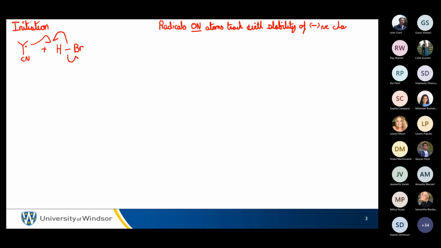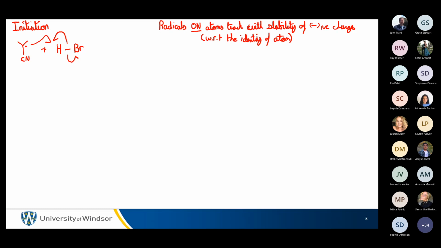Now this is just with respect to the identity of the atom. Because as we noted, they like tertiary centers, which is not what negative charge is like. But they like being on halogens, it's much more stable.